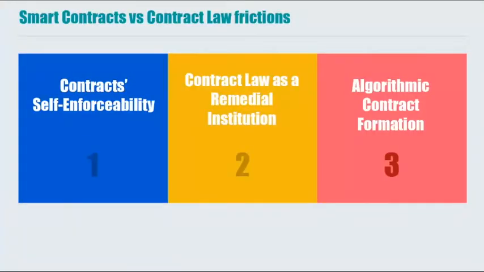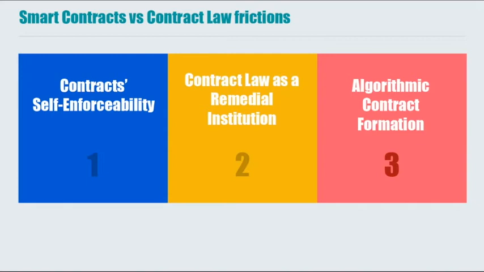But as I said at the beginning, there are three issues that I want to share with you today, the ones that I have faced and consider most important when researching smart contracts. The first relates to the so-called smart contract self-enforceability. I felt that I was swimming against the flow because I don't think that smart contracts are self-enforceable.